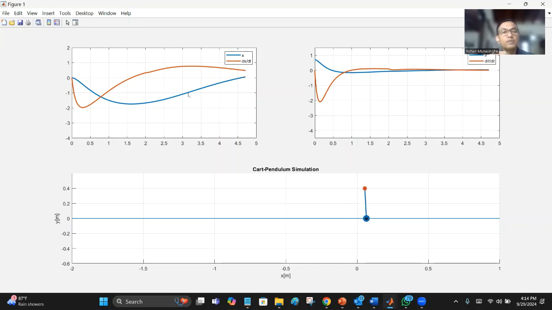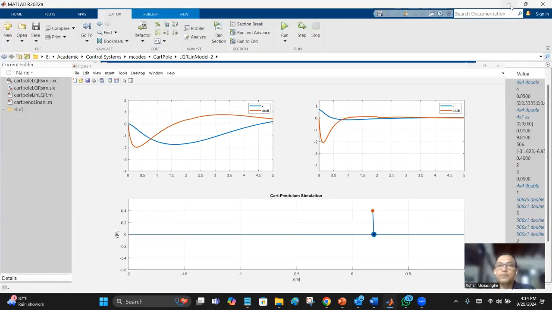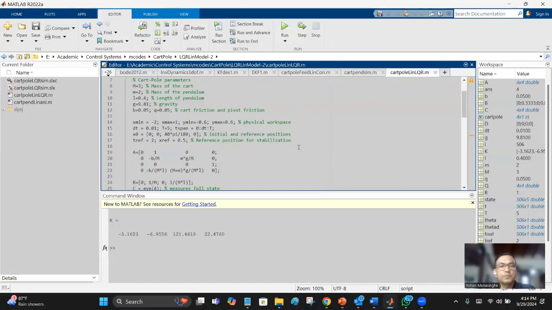The blue one coming to 0.5 meters. And over here you can see the angle. It is already stabilized, right? Now the pole angle and the speed are both nearly zero, right? And then it's only the position that we want to control. Okay, fine.